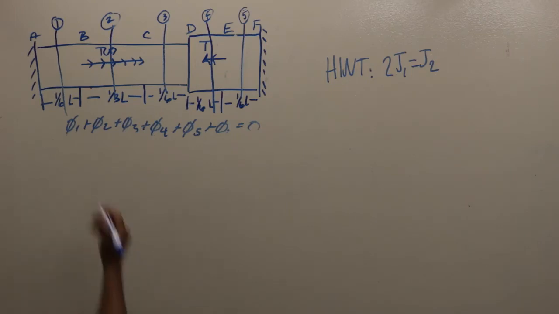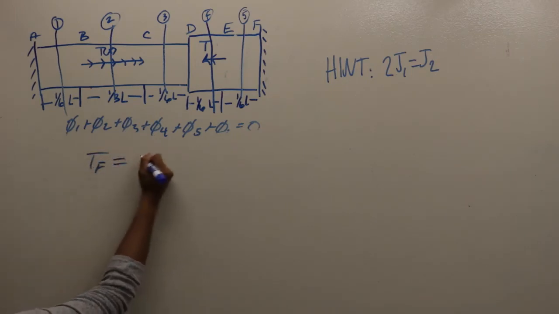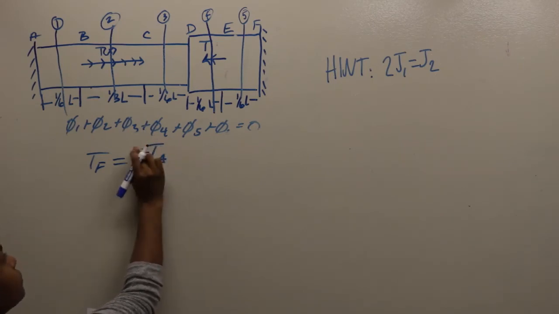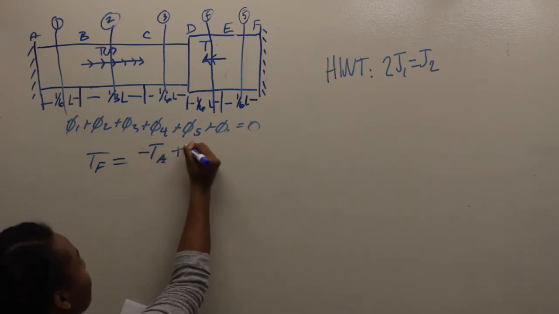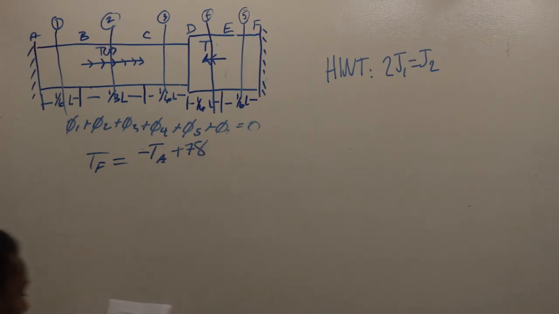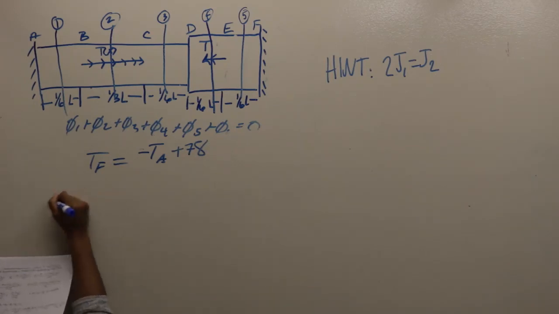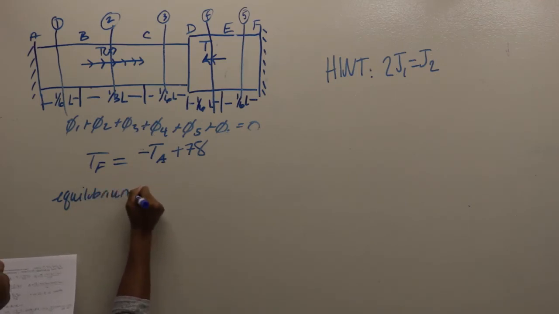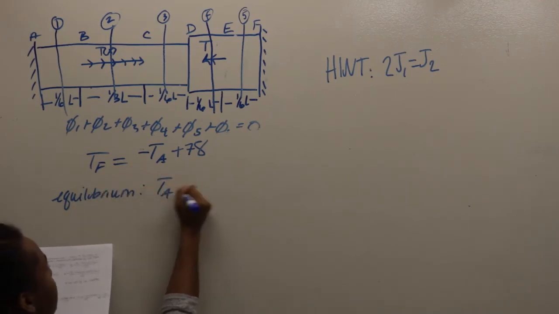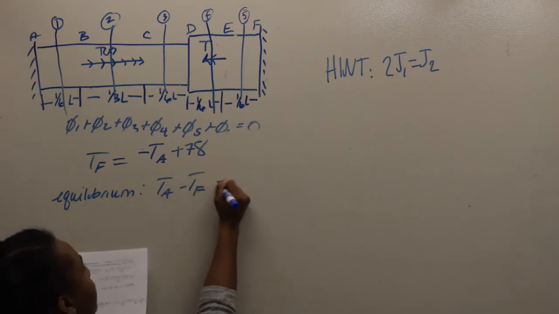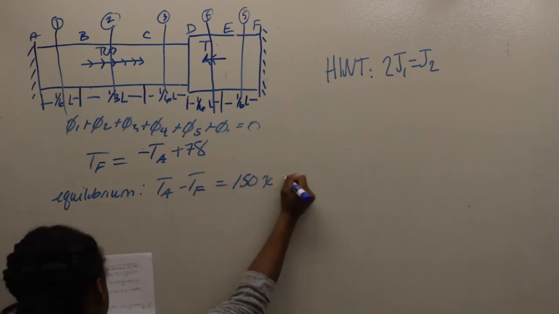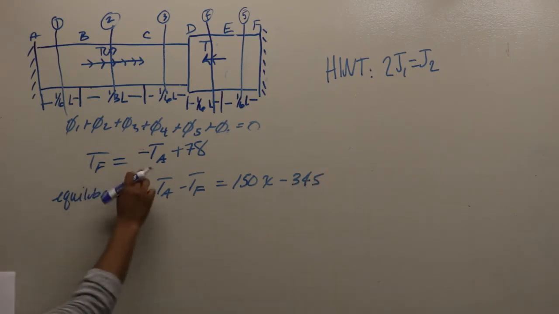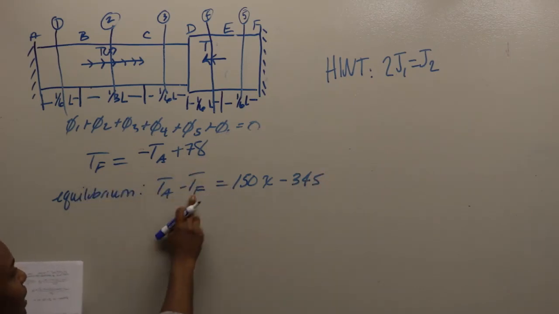So I want to remind you all that TF equals negative TA plus 78. And remind you that the equilibrium equation was TA minus TF equals 150x minus 345. So substituting TA minus negative TA plus 78 for TF.